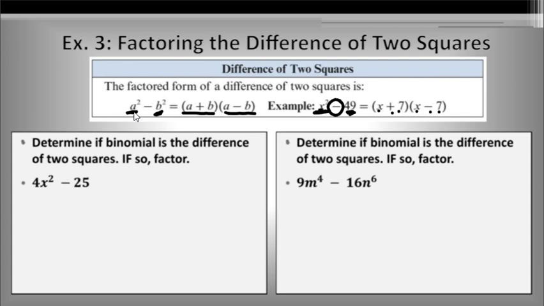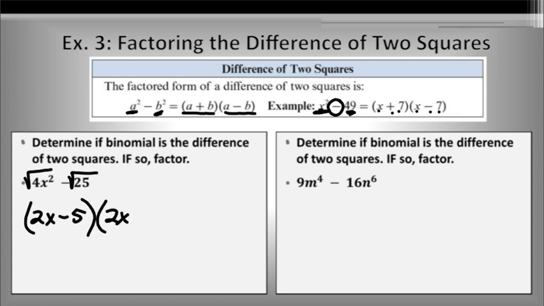So the easiest way to determine this, find the square root of both parts. And if you can find the square root of both parts with integers, then you know it's a difference of two squares. So the square root of 4 is 2, the square root of x squared is x. Square root of 25 is 5, so minus 5.